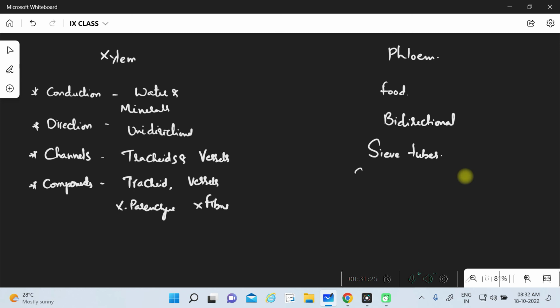Whereas here, sieve tubes, companion cells, phloem parenchyma, and phloem fibers.